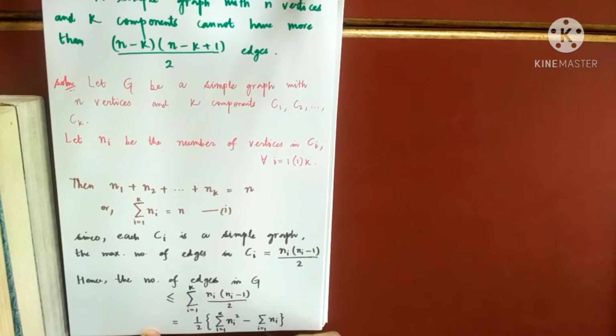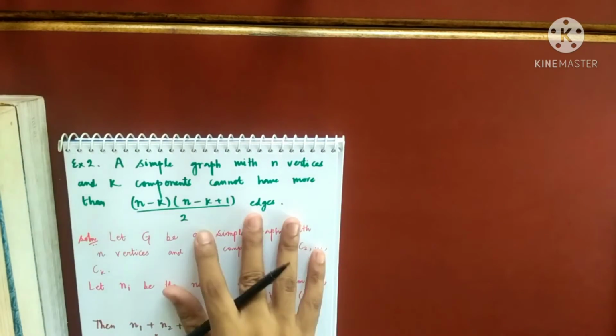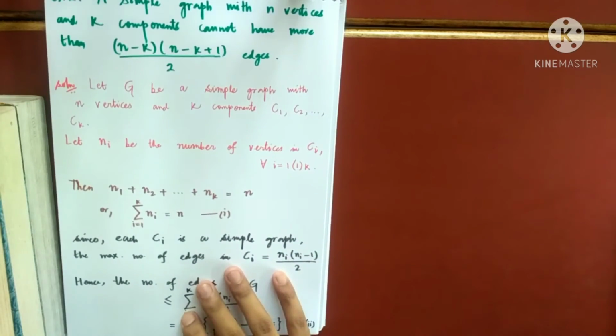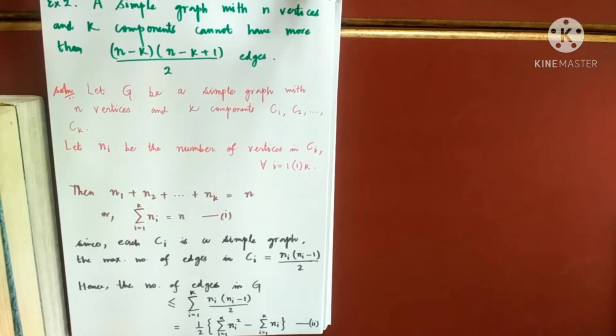This is equation 2. See, this was the target. I have to find the number of edges in G, which cannot have more than this many edges. My target was to find the maximum number of edges in G, and I know the maximum number of edges in G possible is this much.